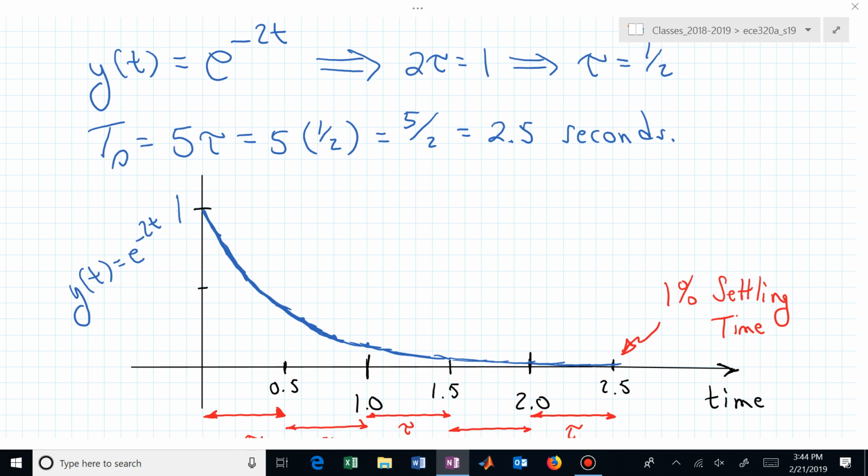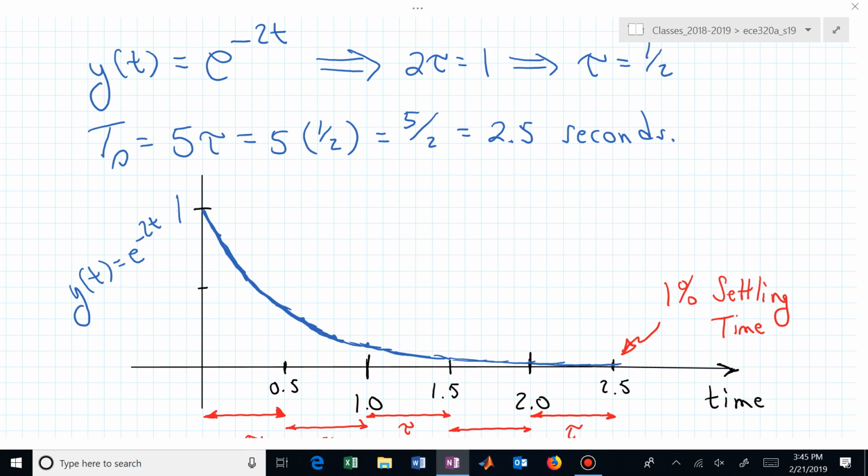If our time constant is 1/2, our settling time is 2.5, and that's essentially after all the transients have disappeared, after 5 time constants. So in 2.5 seconds, we can say we've decayed. Everything is gone.